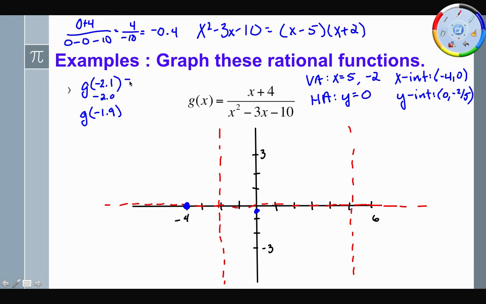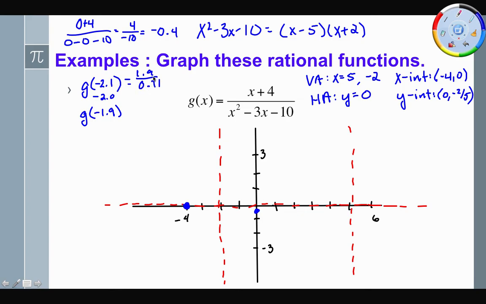And if I plug in -2.1, I get -2.1 plus 4, which is 1.9, over -2.1 squared minus, let's say plus 6.3 and minus 10, which is 0.71 for us.